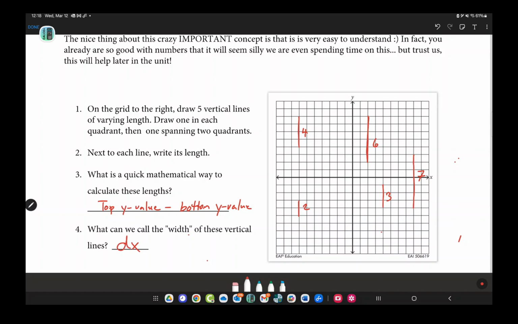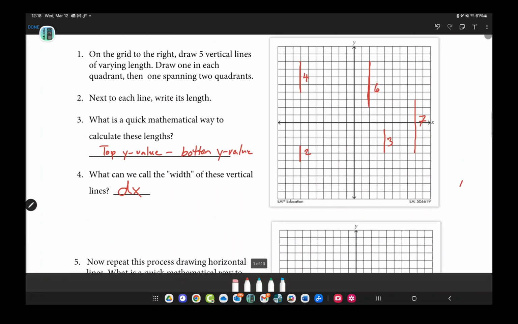It's a really small horizontal distance.